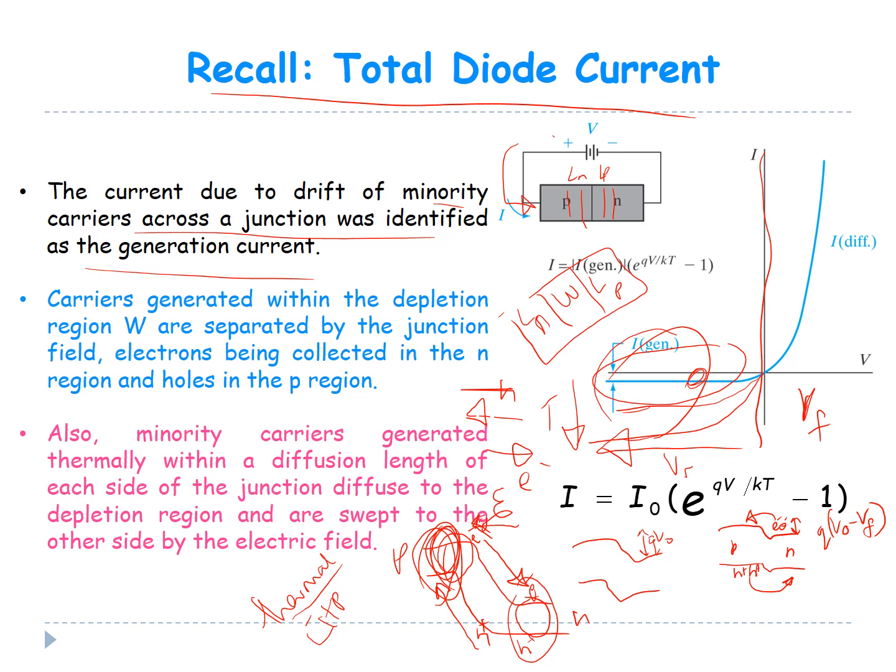So in the depletion region or in the neutral sides, but within a diffusion length of each side. And we also came up with the diode current as being equal to I0, where I0 here is the generation current, times e to the qV over kT minus 1.